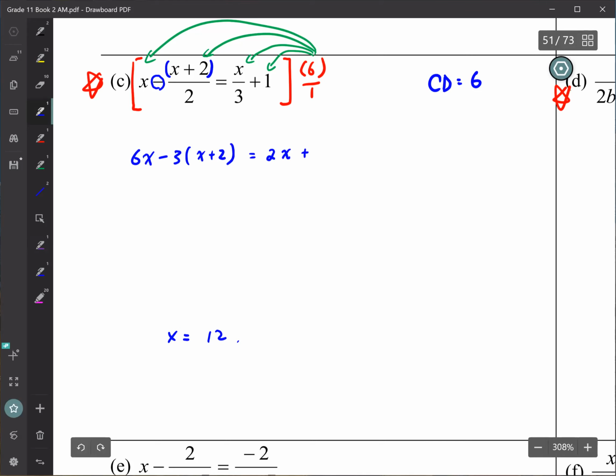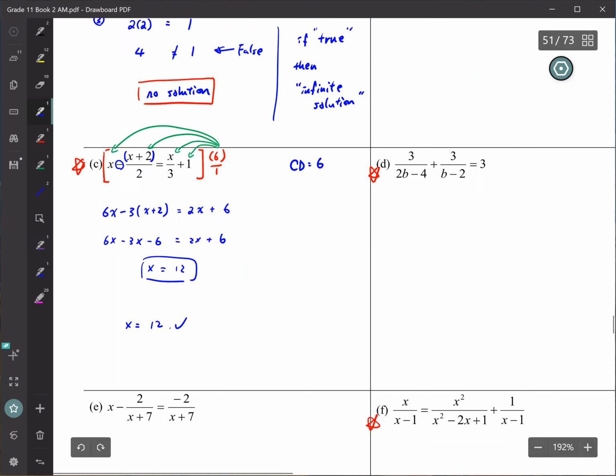And then the last one, it doesn't cancel anything. So you get something like that after you multiply in. And then now if you expand, it's the -3 that goes in. And then move everything to the left side. So that will give you x equal to 12. Okay, that's correct.